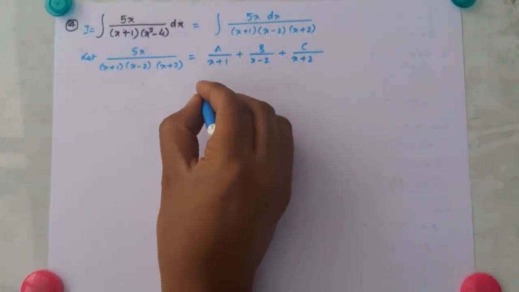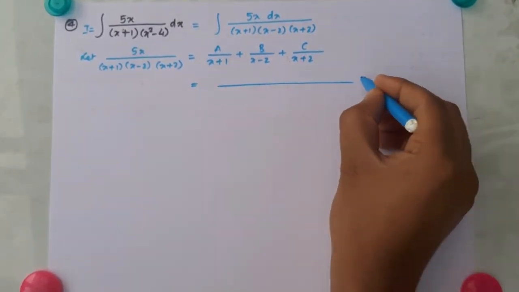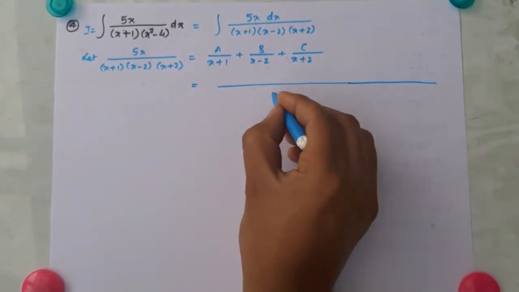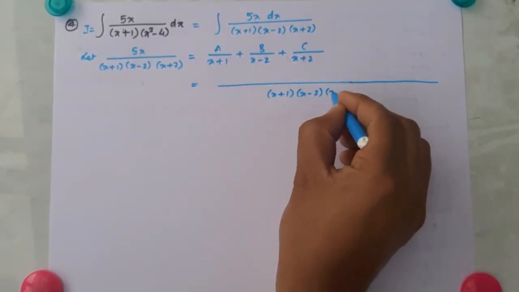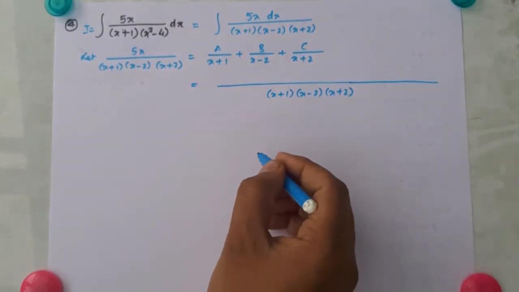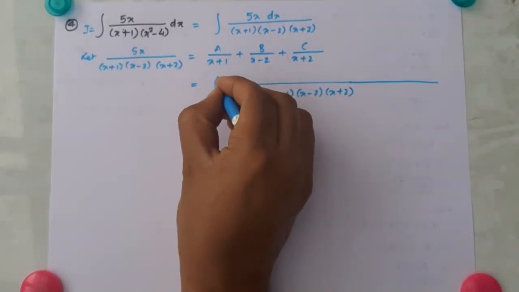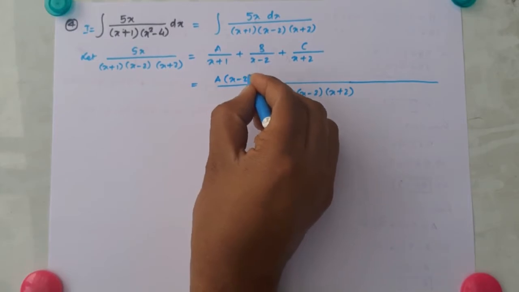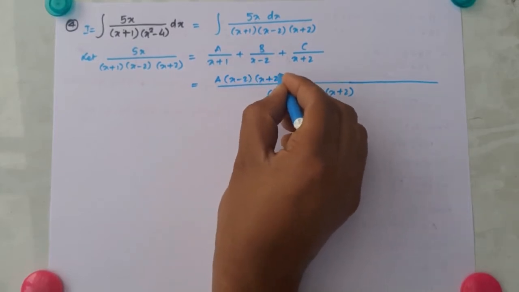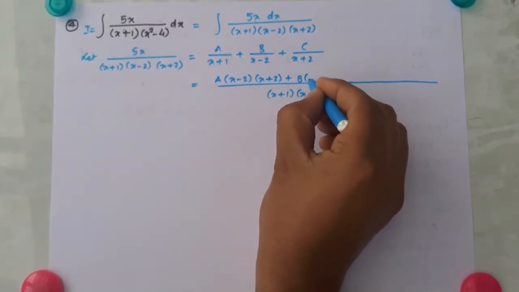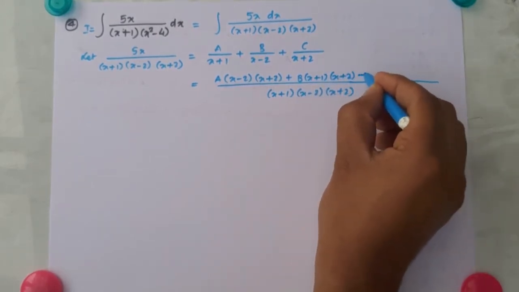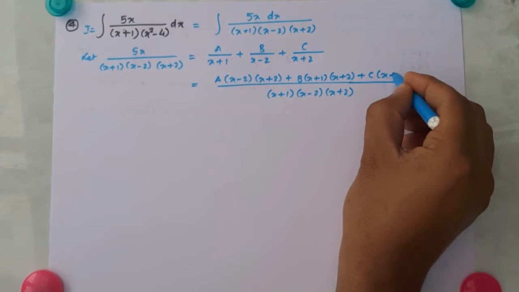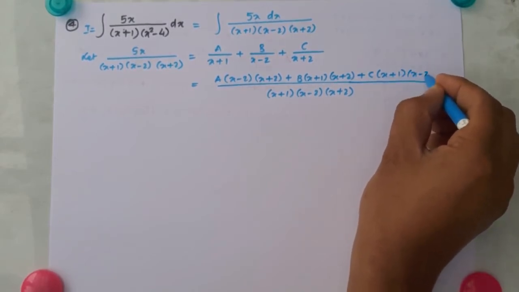Okay, so as per the rule we'll go in the same manner. So we have (x plus 1) into (x minus 2) into (x plus 2) here. Okay, so you know that this becomes a into (x minus 2) into (x plus 2) plus b into (x plus 1) into (x plus 2) plus c into (x plus 1) into (x minus 2).